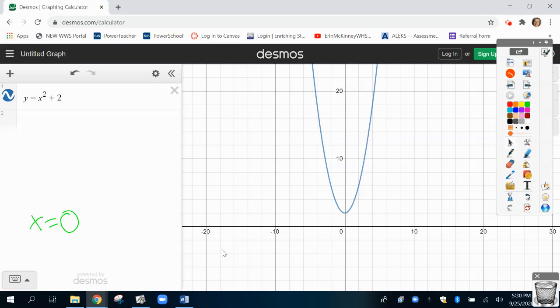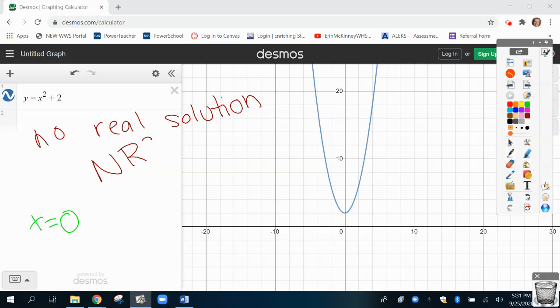This graph doesn't cross it at all, which means this one doesn't have a solution. If something like this ever happens and we don't cross at all, the answer that we're going to say is that it has no real solution. We can just call this NRS as well.